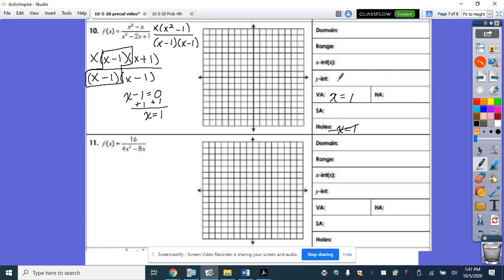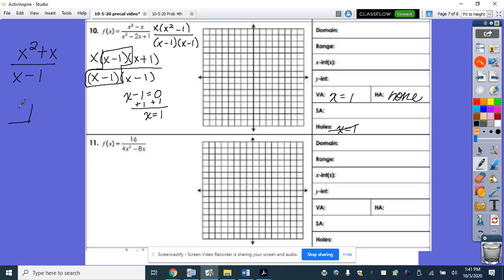Now, there is no horizontal because this is a slant. Okay, and for my slant, what I reminded them of is now you can multiply this back together. So this is x squared plus x over x minus 1 after you get rid of these right here. So now you can do synthetic.